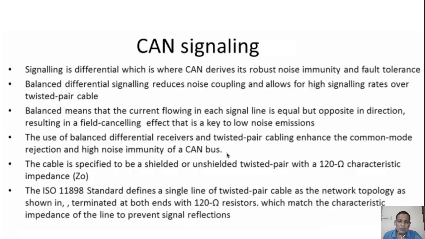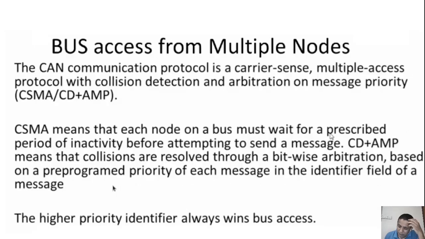We know the common mode rejection ratio in the operational amplifier. Similarly, here also we can reduce the noise using common mode rejection. And there is a characteristic impedance of 120 ohm. That is why we terminate the cable with a 120 ohm resistor. Similar to coaxial cable, which has a 75 ohm characteristic impedance, the CAN bus has a 120 ohm characteristic impedance.